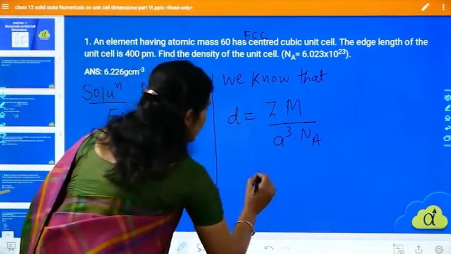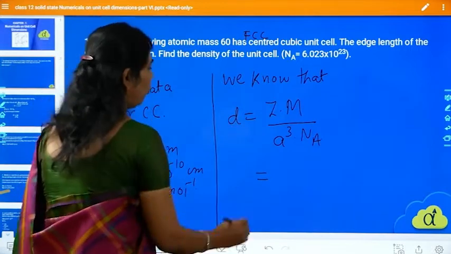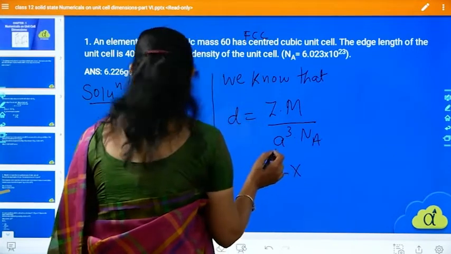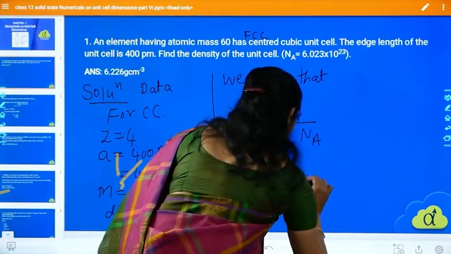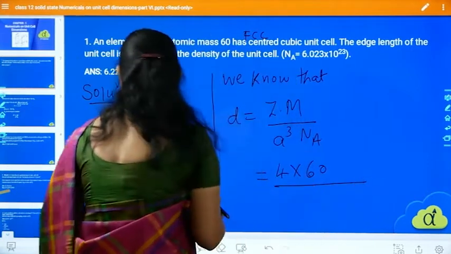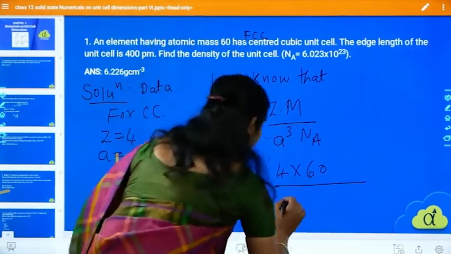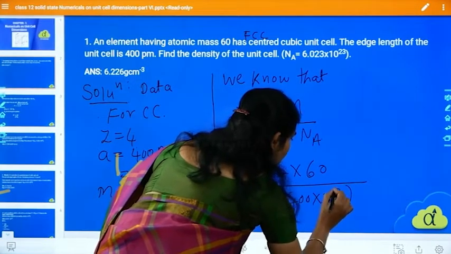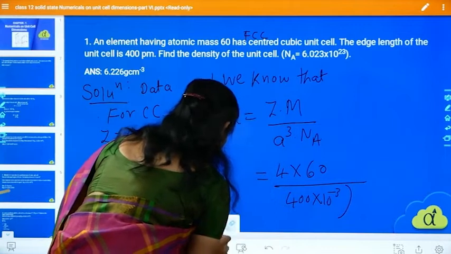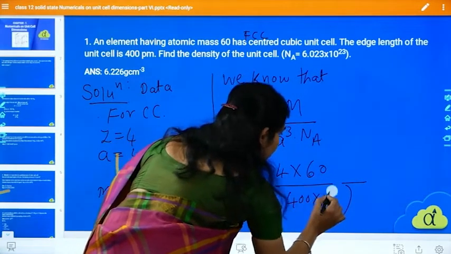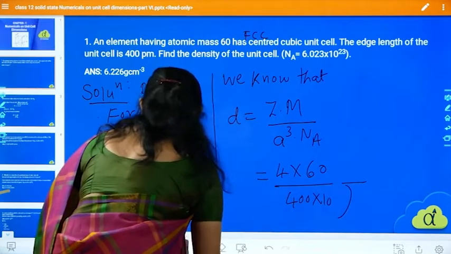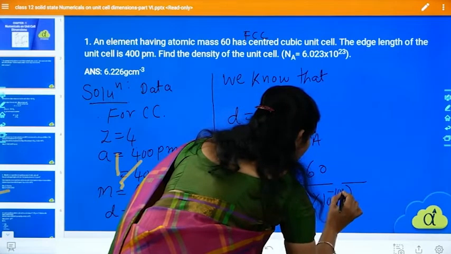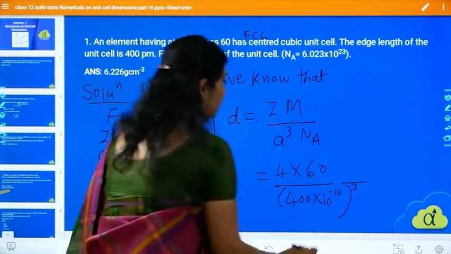So here straight substitution: Z value 4 into M value 60, whole divided by A cube, that is 400 into 10 power minus 10 whole cube, into Na.